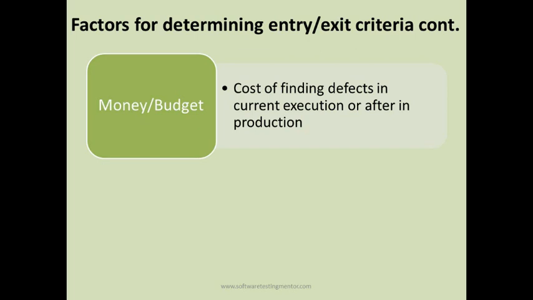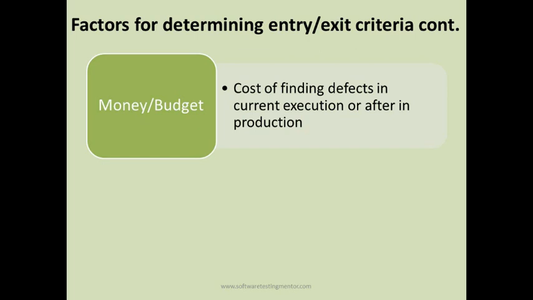For example, is it good to exit the system testing phase or user acceptance testing phase and go into production when you know that there are still a lot of defects being found in end-to-end scenarios?